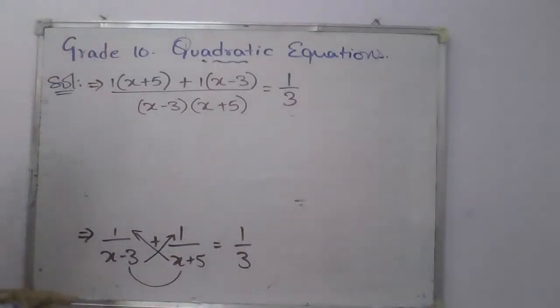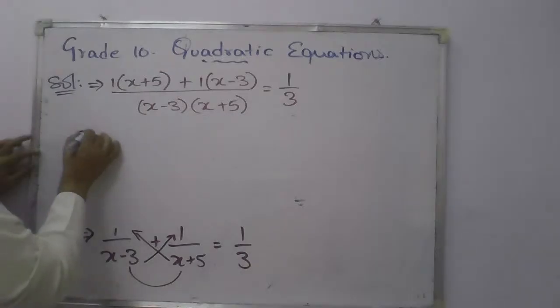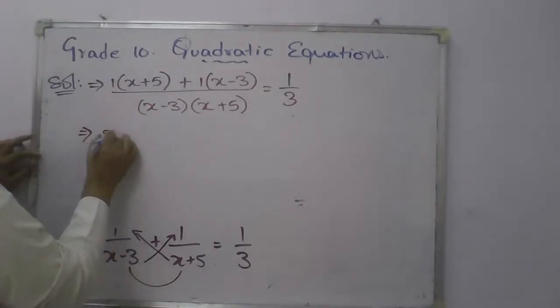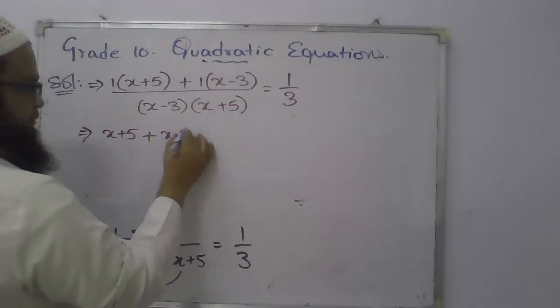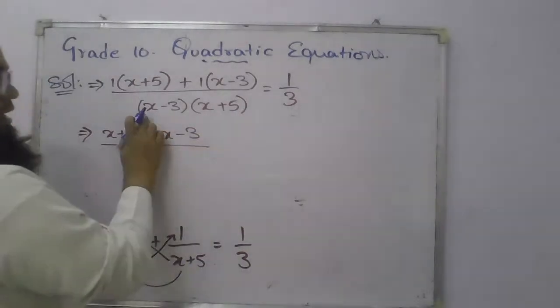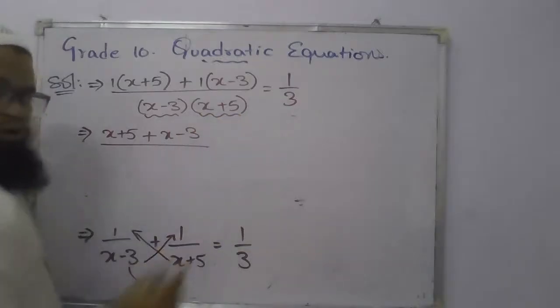Now, do you understand this step, my dear students? If you don't understand, repeat this step. So that implies 1 into x plus 5 is x plus 5, plus x minus 3, divided by the product of two expressions.